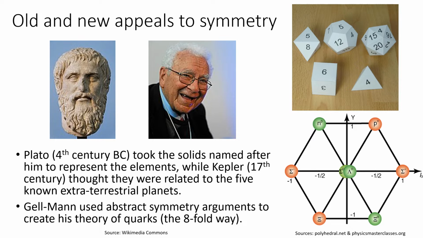It was really Gell-Mann's genius. He was able to take all of these different particle observations and come up with a scheme, again based on symmetry. Admittedly it was quite an abstract mathematical argument, but ultimately it was based on symmetry. You might have come across the eightfold way, which was one of his symmetrical arguments.